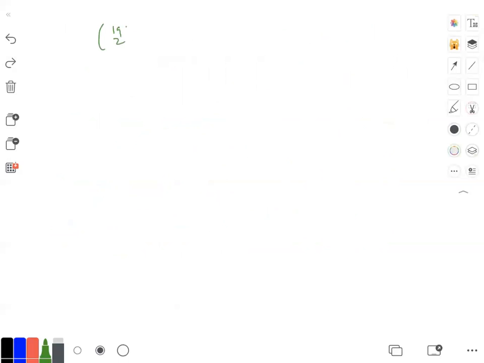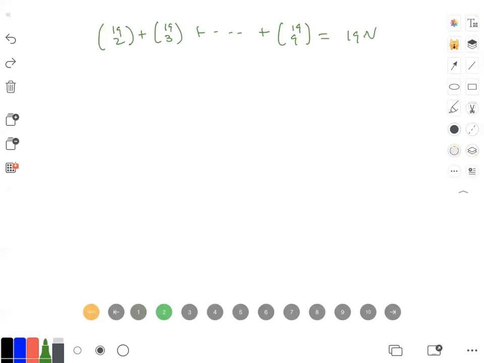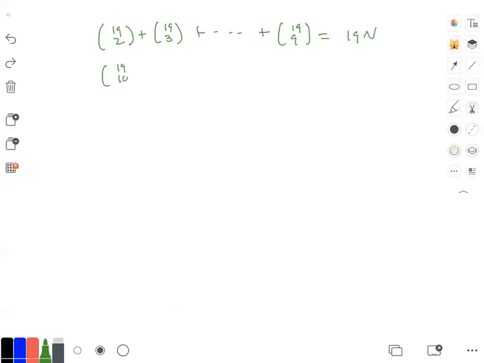Okay, so we have 19 choose 2 plus 19 choose 3 all the way until 19 choose 9, and we calculated that as 19n. Now let's formulate a similar expression so that we can utilize this. We know that 19 choose 9 is nothing but 19 choose 10.